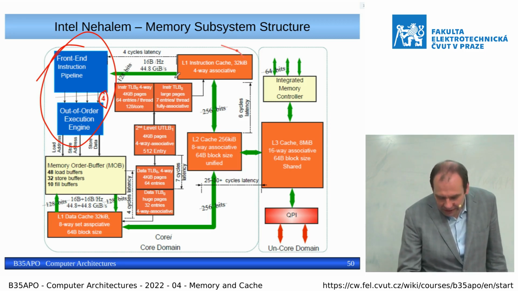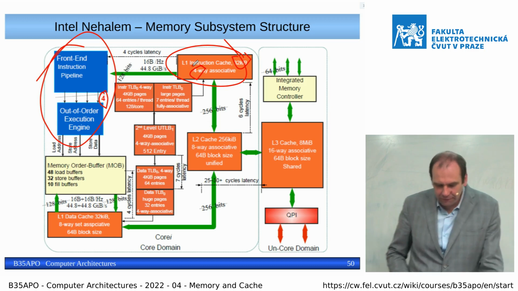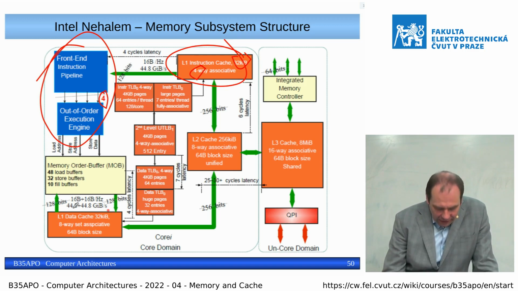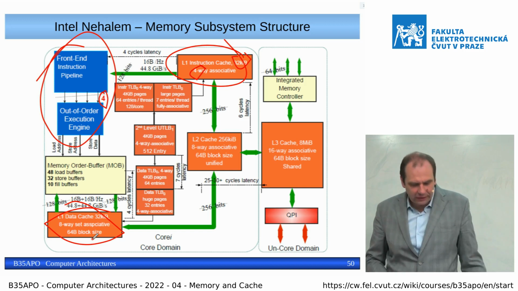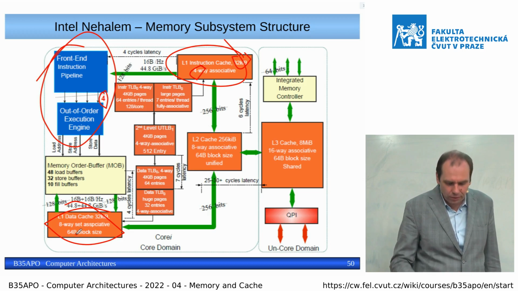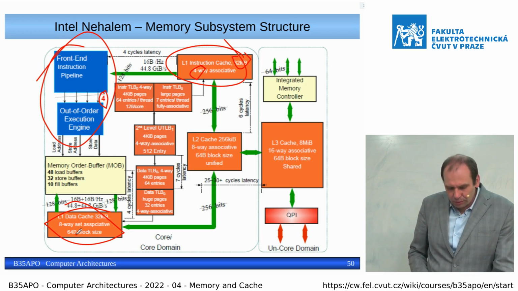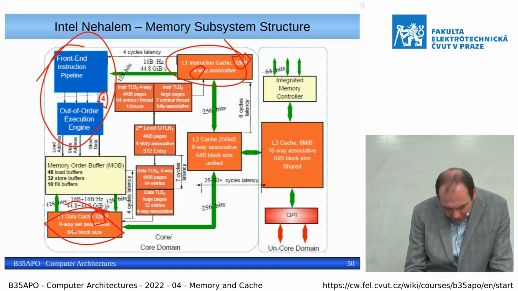We have there an L1 cache for the instructions. It is relatively small, 32 kilobytes, 4-way associative. Then a data cache, again, in this case 8-way associative and 64... Today, Intel has even stepped back to the 32 kilobytes, no, it is 32 kilobytes, excuse me, 32 kilobytes and 64 bytes in the block, it is the same here.